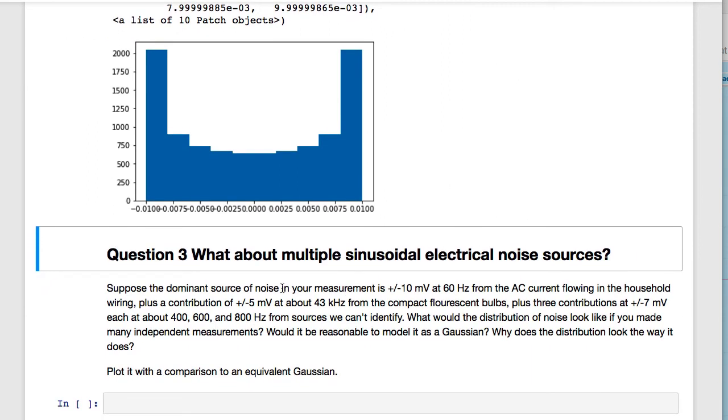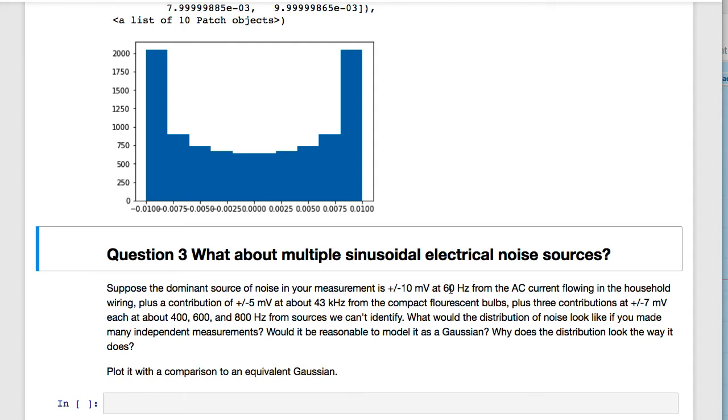Now, what about multiple sinusoidal electrical noise sources? Well, before we had just the 10 millivolt noise. What happens if, in addition, we had some 5 millivolt noise at a high frequency and 3 contributions of plus or minus 7 millivolts at 3 other frequencies?